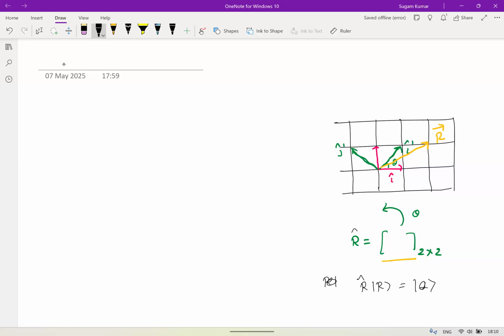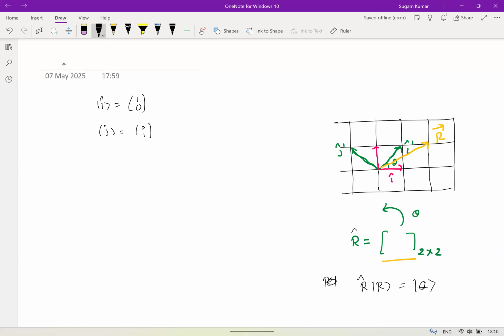Let us write down this R, then you'll understand. For example, if you look at I, I is nothing but (1, 0), and J is nothing but (0, 1).